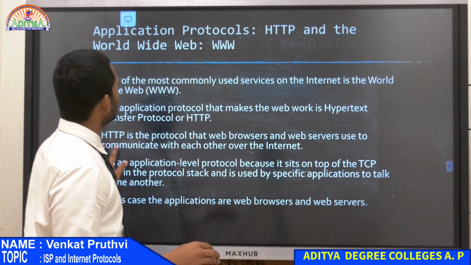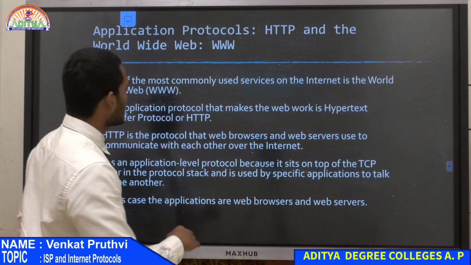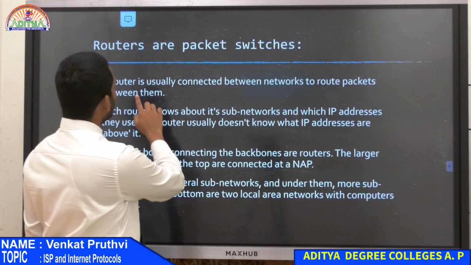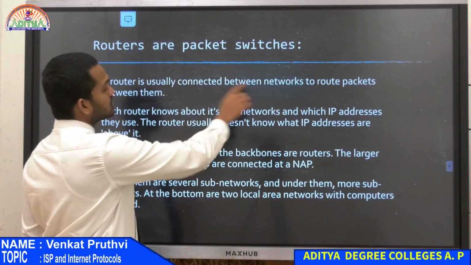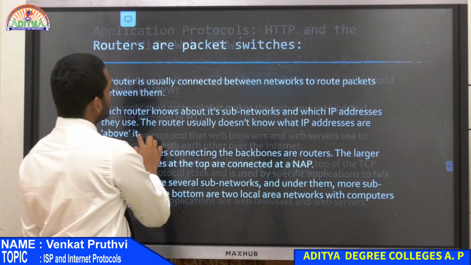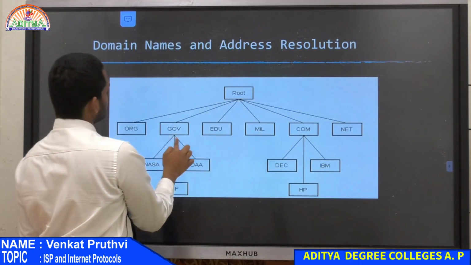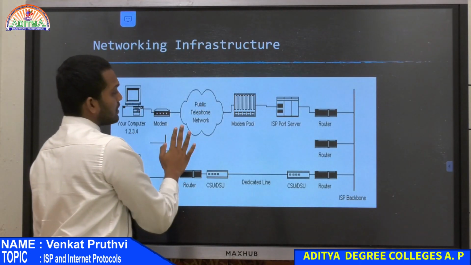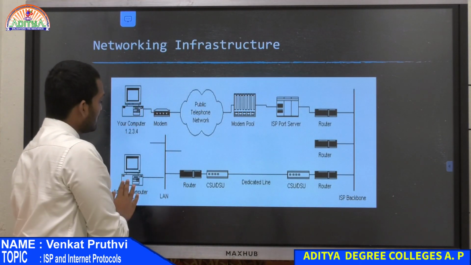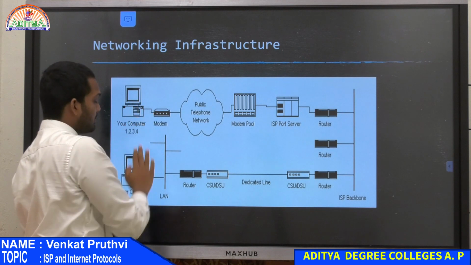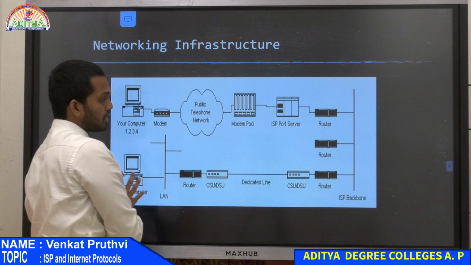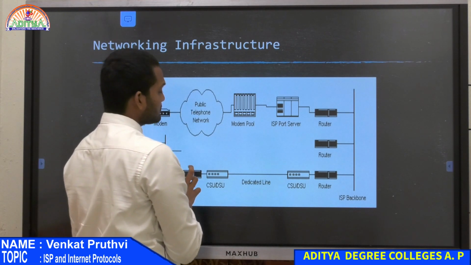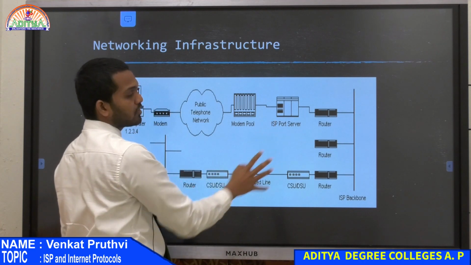Now I was talking about the router, right? A router is usually connected between networks to route packets between them. So we will see what that means. What is happening here? Here we are trying to send some data from my computer to another computer. We are transmitting it over the internet.